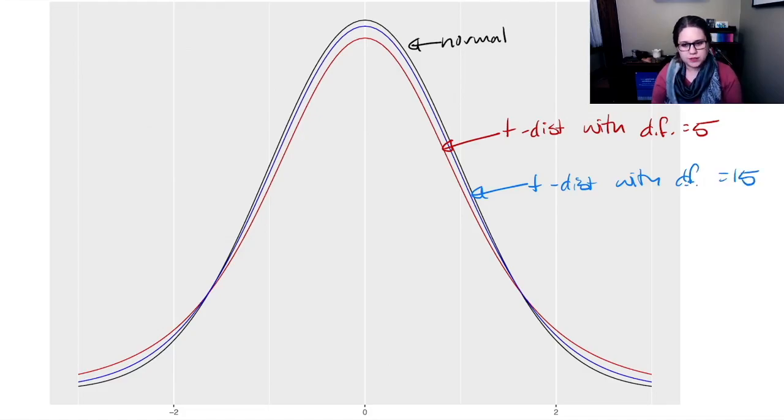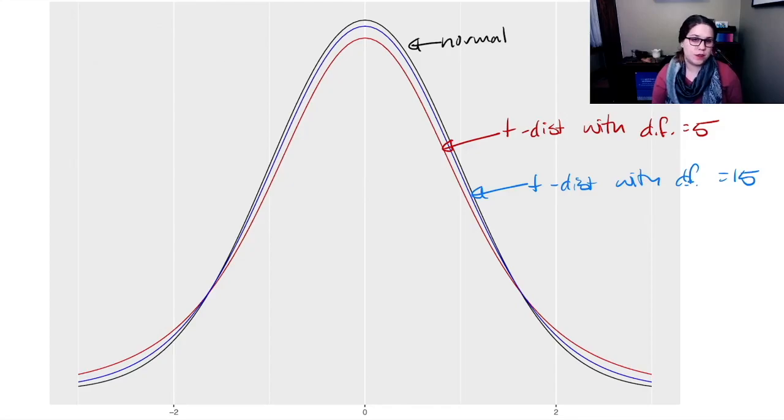So the way that you can tell that it's a little bit different is, again, the thickness of the tails. So if we look out in the tail, the black distribution is getting closer to the x-axis. The t-distribution with 5 degrees of freedom is a bit higher. Even the one with 15 degrees of freedom is a little bit higher. And then the corresponding thing is happening in the middle as well. So it's a little bit lower, to make up for those tails being fatter.